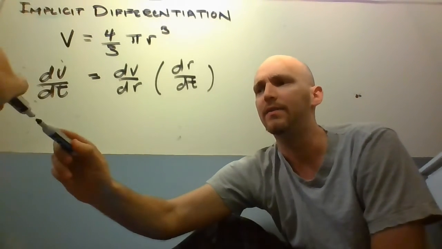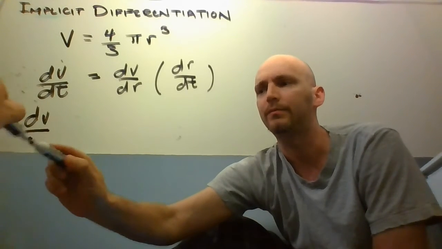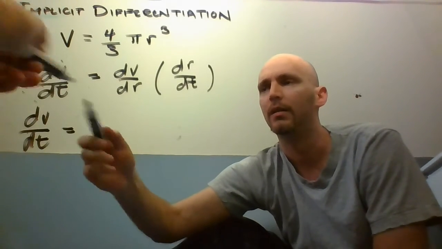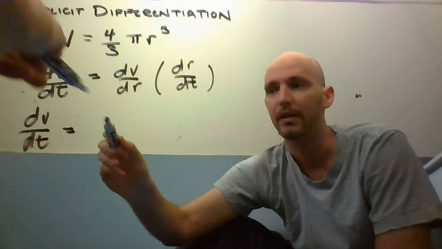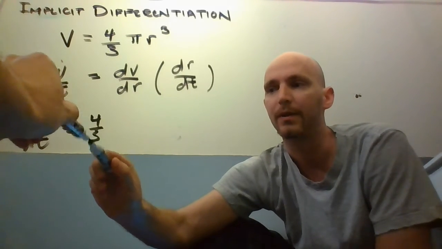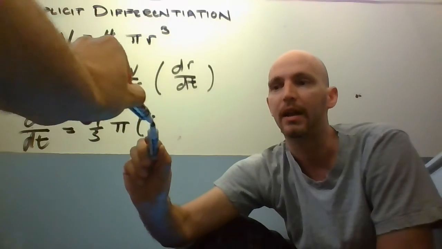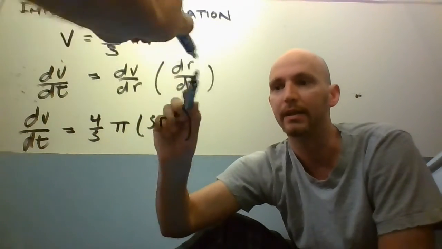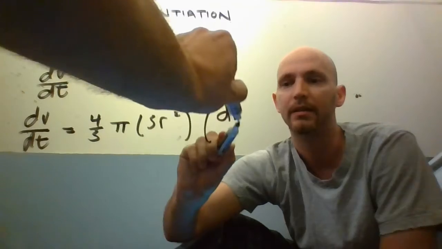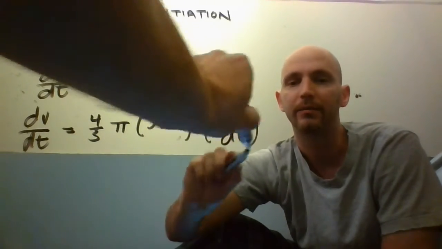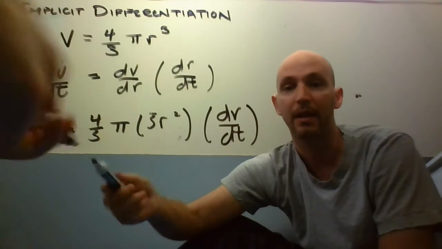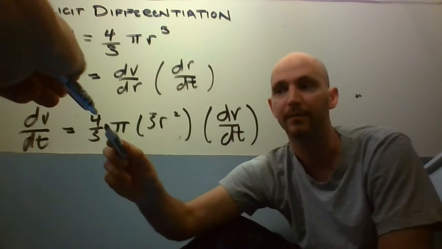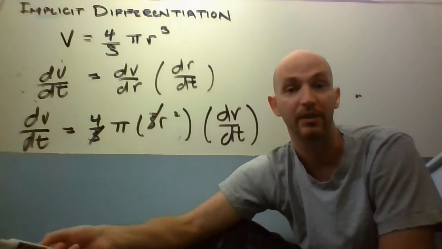So dV dr, the derivative of an r cubed, you bring the 3 down, so I'd have 4/3 pi times 3r squared, and then I have this silly thing kicking around. So 3 times 4/3, these just divide each other out.